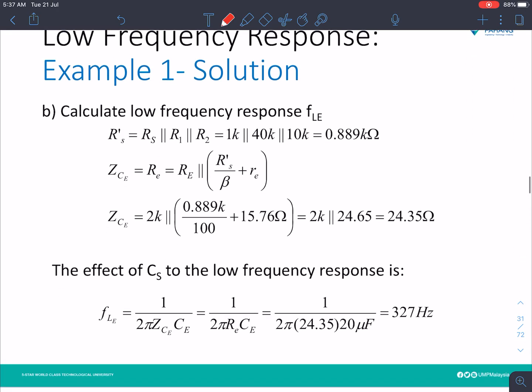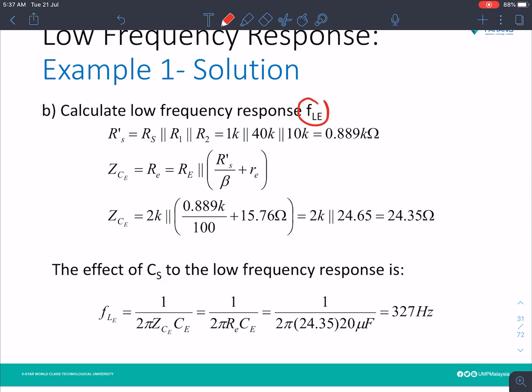Then for the third frequency, FLE, this is at the RE. We need to use the formula for this RE. Remember this RE: RE parallel with R prime divided by beta, plus RE. So this R prime is here: RS parallel with R1 parallel with R2, because we are using voltage divider.